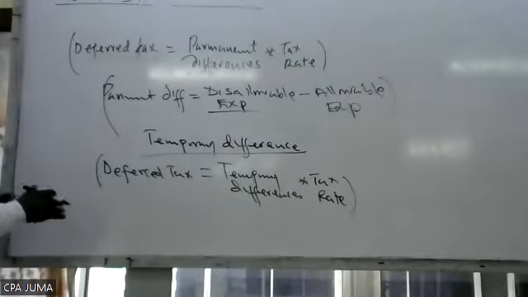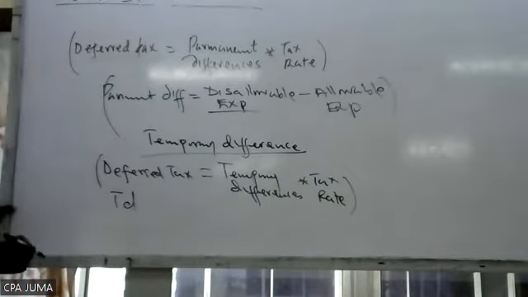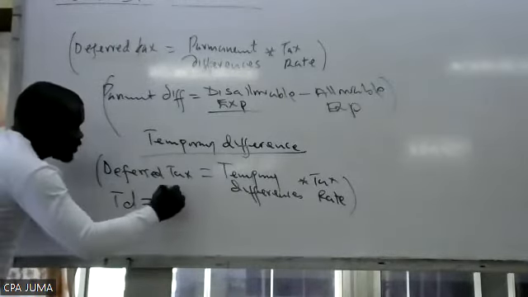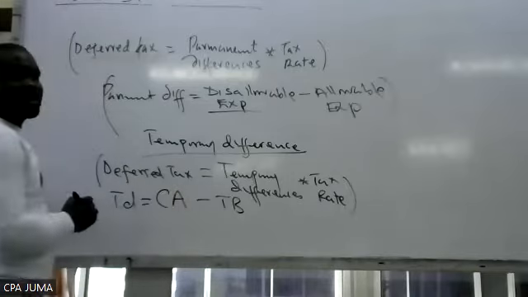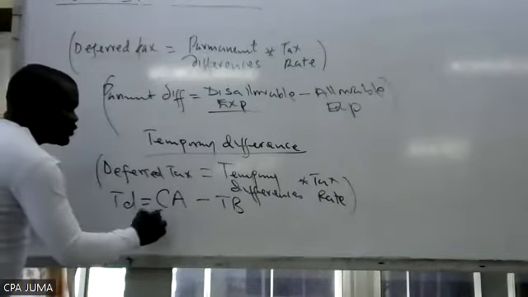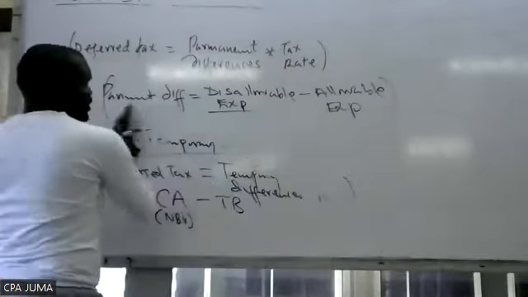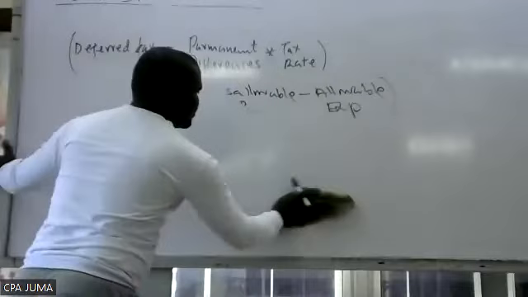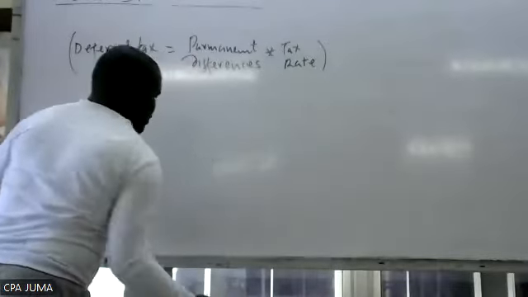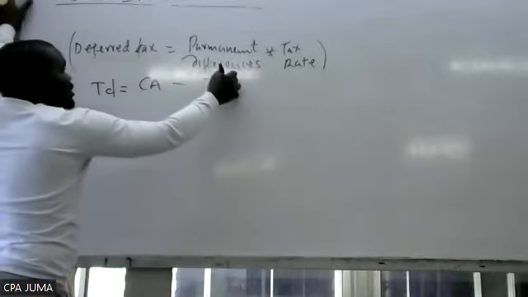So how do we get temporary differences? Though we have said, let's move procedurally. We talk about the illustration. So temporary differences, what was the formula? You take the carrying amount, correct? Carrying amount minus what? Minus the tax base. And the carrying amount we said is the net book value. So temporary differences is equals to carrying amount minus tax base.